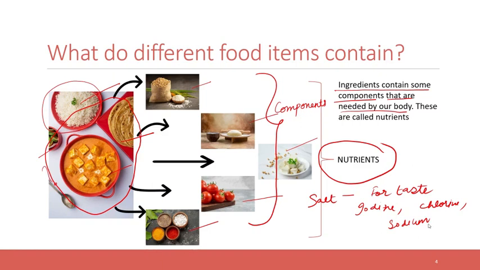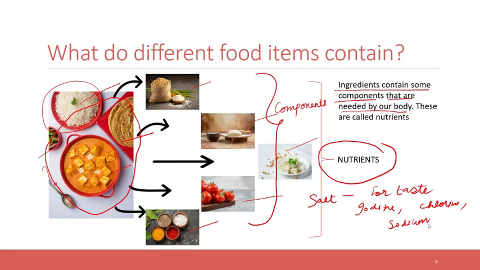So, these nutrients are very important for our body, which is why we eat a variety of food in our meal. Our body requires a lot of nutrients. Without nutrients, we cannot even survive. Even our body will not function properly without nutrients.